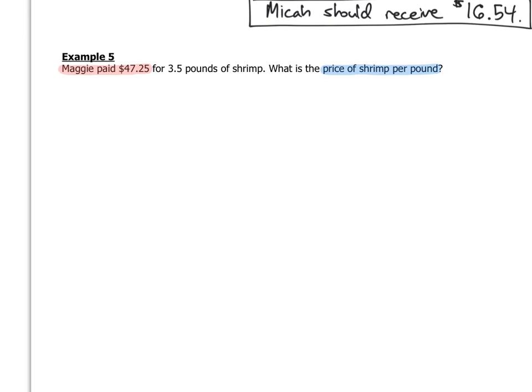So we need to divide the total amount that Maggie paid by the number of pounds that she bought. And that will give us the price per pound.